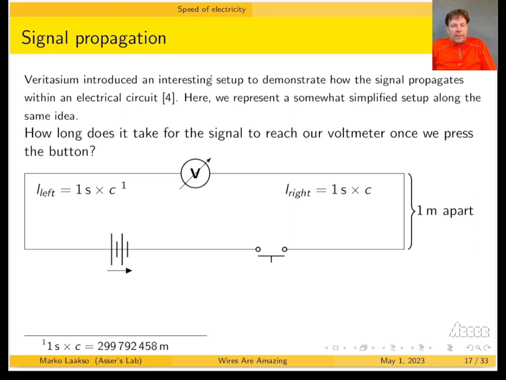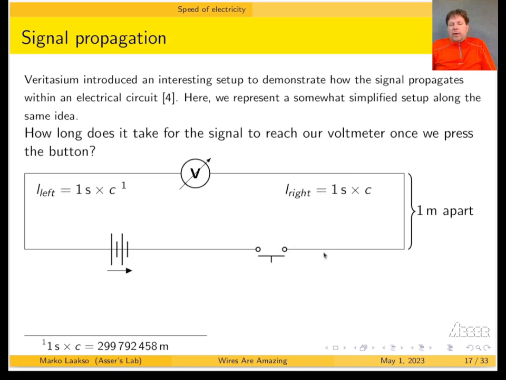How long does it take for a signal to reach our voltmeter in here once we press the button in here? So we can assume that this power source and the switch are on the other side of the voltmeter. We have this 1 meter in between, and then we have this really long wire between the switch and the voltmeter.